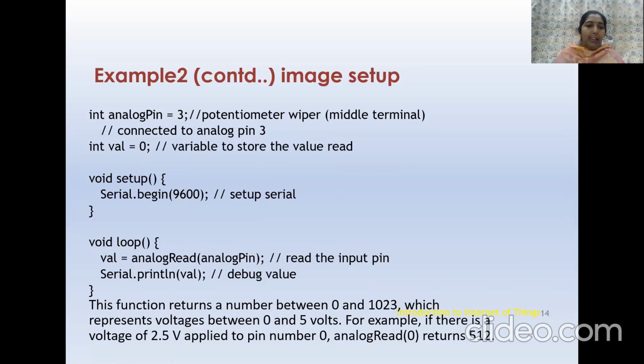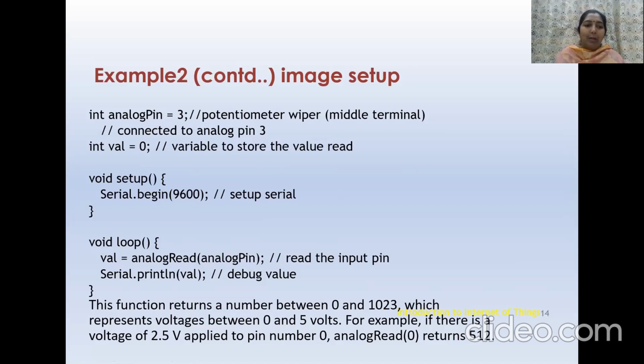In the loop function, you write the analogRead function, which accepts only one parameter, the pin number, and whatever value you read can be stored in a variable such as value.